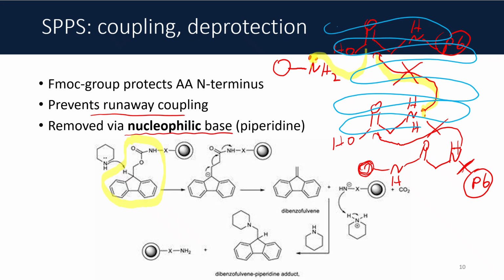And the base that we will use to remove it is called piperidine. That is shown over here. It's like a cyclohexane, but we swapped out one of the carbons for a secondary amine. And oh look, it has a nucleophilic lone pair.